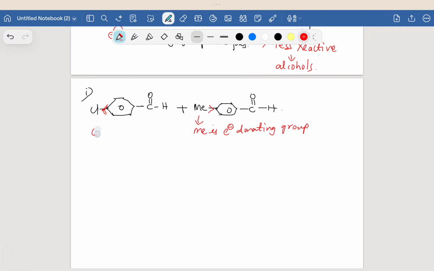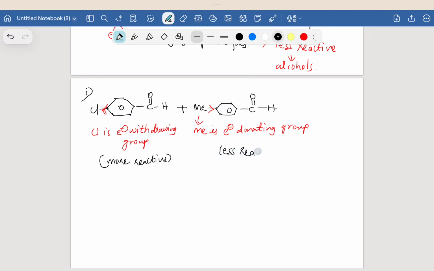The withdrawing group makes it more reactive, so this compound is more reactive and this one is less reactive.